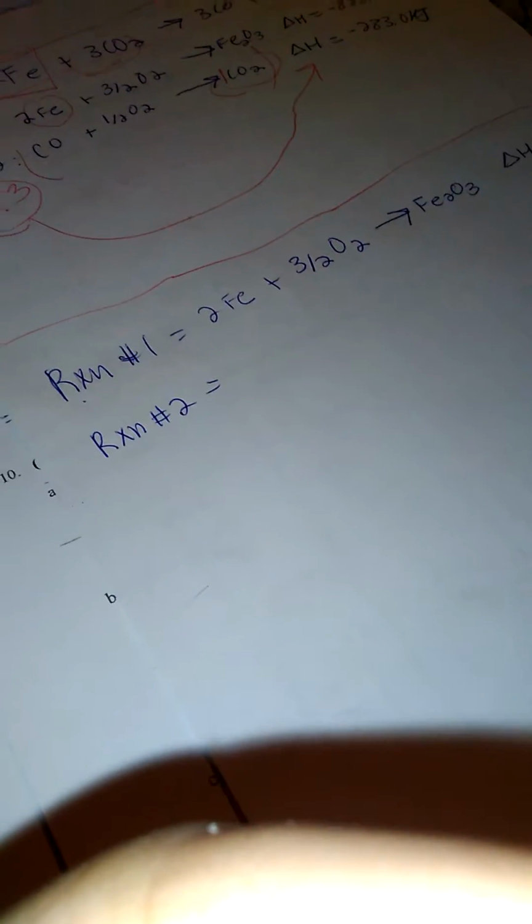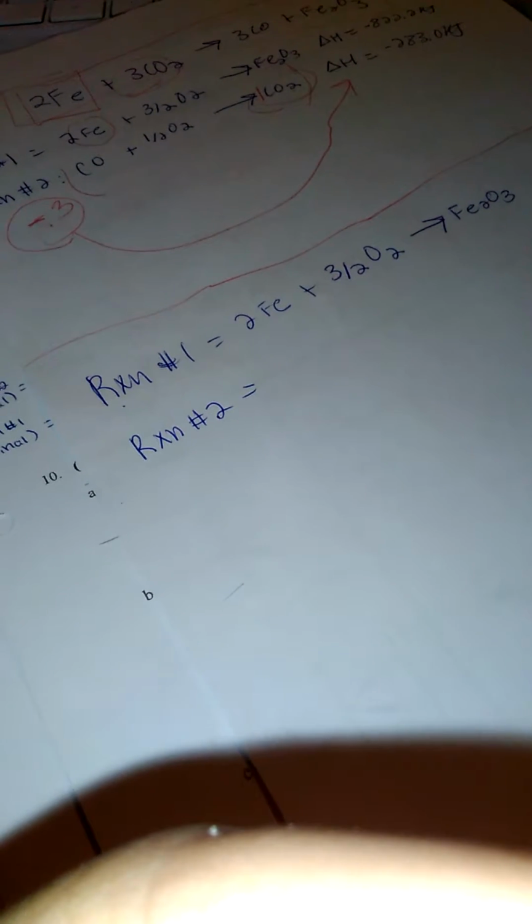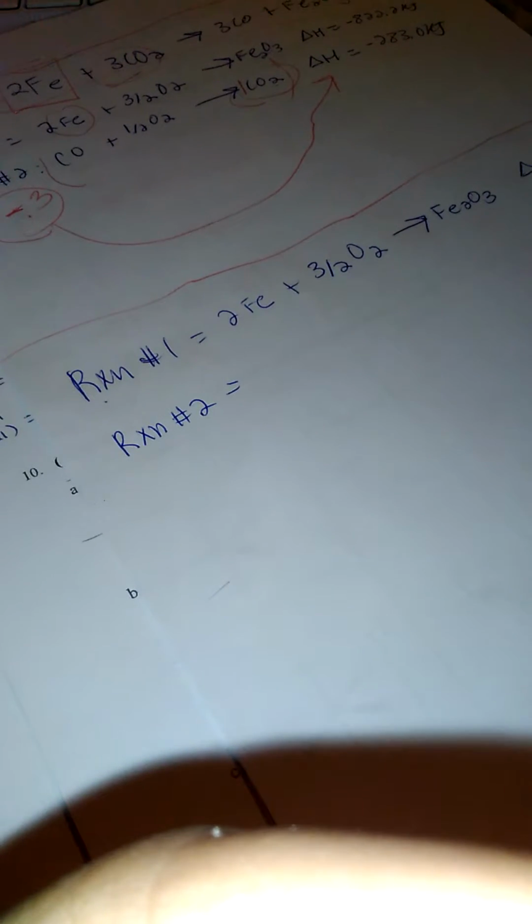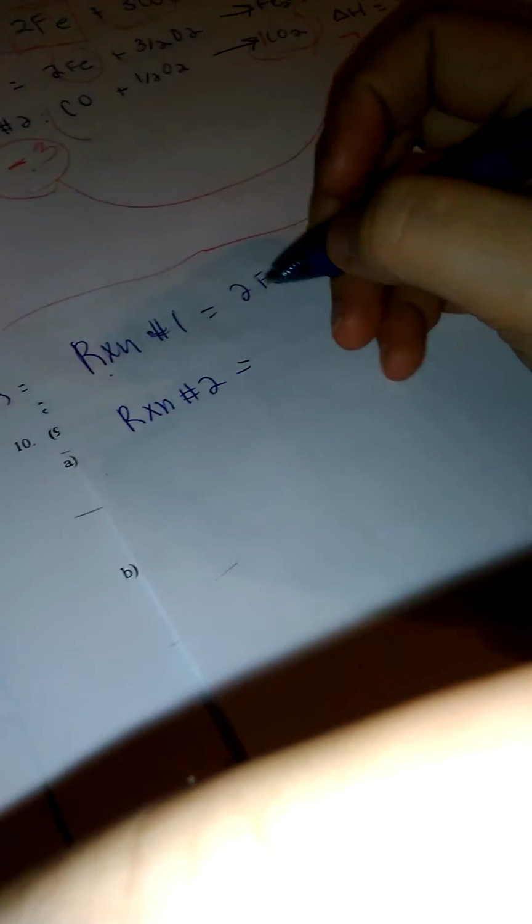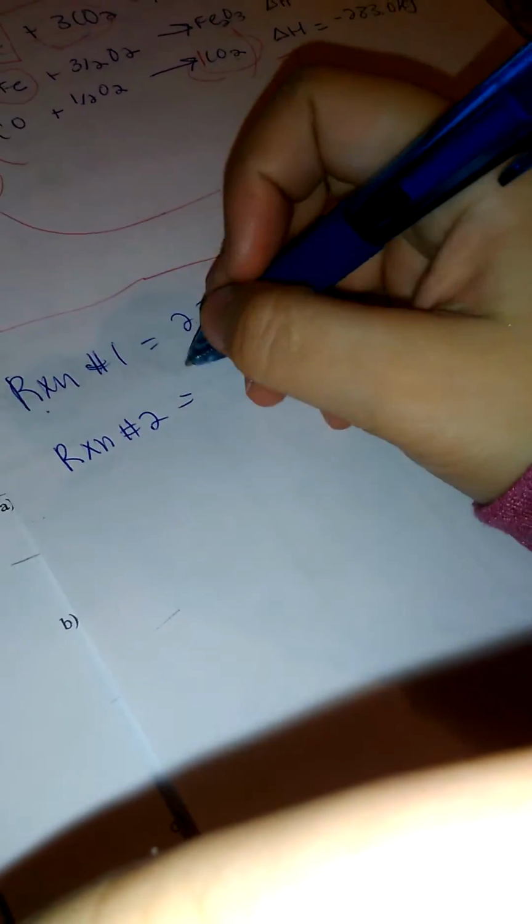By steps I mean if you want to multiply by 3 first, or switch products and reactants first, it doesn't matter. It will give the same answer. So I will do one step at a time.